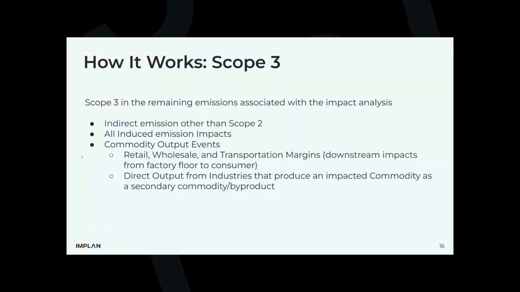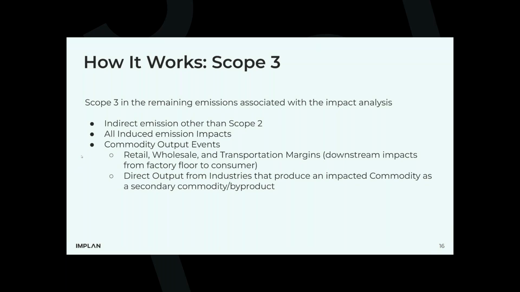So that kind of talks specifically about electricity, but what else is going on with scope 3? Scope 3 is the remaining emissions. We talked about a few elements there. It's going to include all the indirect emissions other than scope 2 and the induced emissions. For commodity output events, when that's part of your analysis and you have margins there, those downstream impacts from factory floor to consumer are going to be considered scope 3.